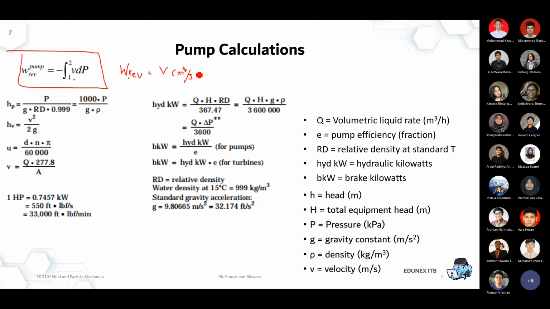Volume in cubic meter per second times the delta pressure, right? Because we increase the pressure from P suction to P discharge. Pressure in SI would be in Pascal, which equals Newton per square meter, if I'm not mistaken.